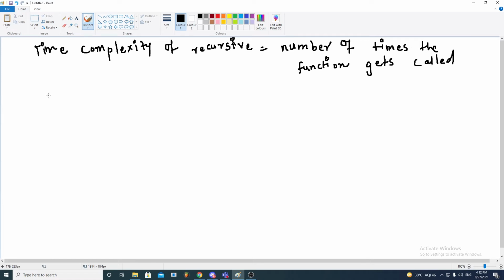In the previous video, I already took the example where n was equal to 5. I'll write down the equation once again: f of n is equal to f of n minus 1 plus f of n minus 2. The first function to be called is f of 5.